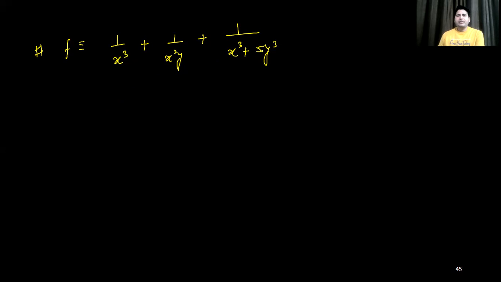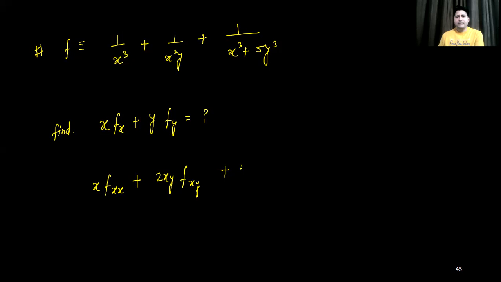Let us see, and the same thing they are asking, find the value of x into fx, that is del f over del x, plus y into fy, the first part. Also asking the second one, x square into fxx plus 2xy into f of xy plus y square into f of yy equals to what?